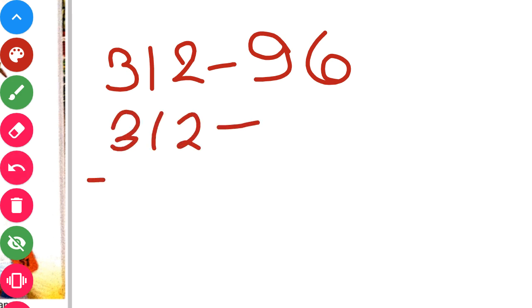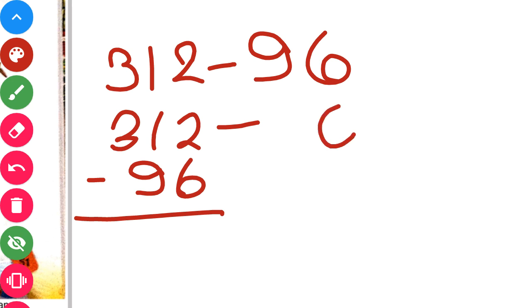Next number is 96. We have 2 at the ones place, and we have to round it off to the nearest tens. So this 2 will become 0, 1 will remain 1 and 3 will be 3.